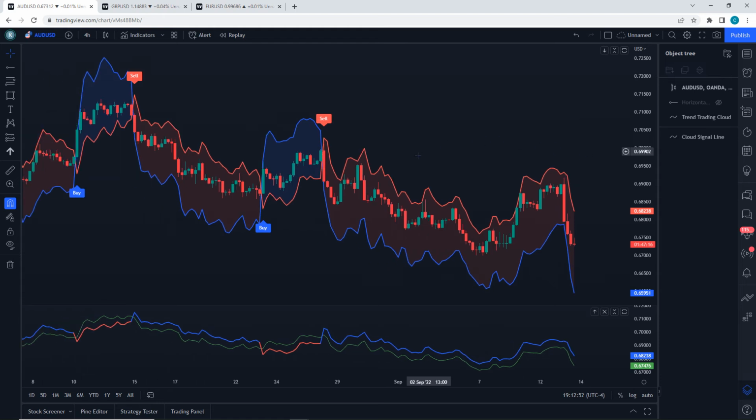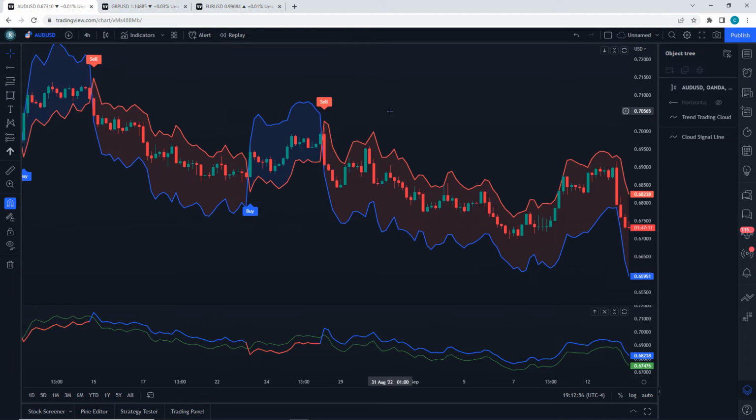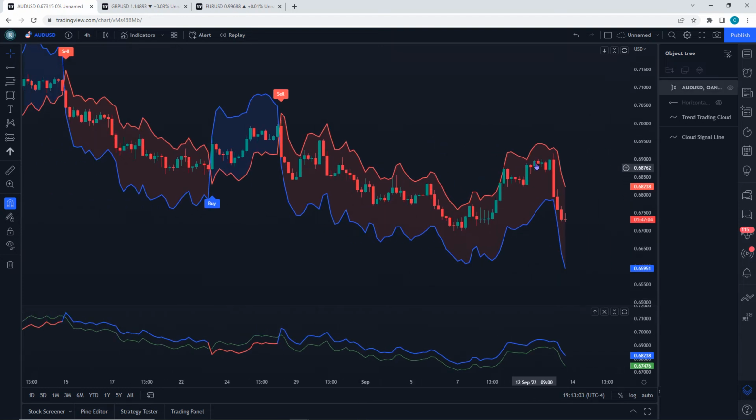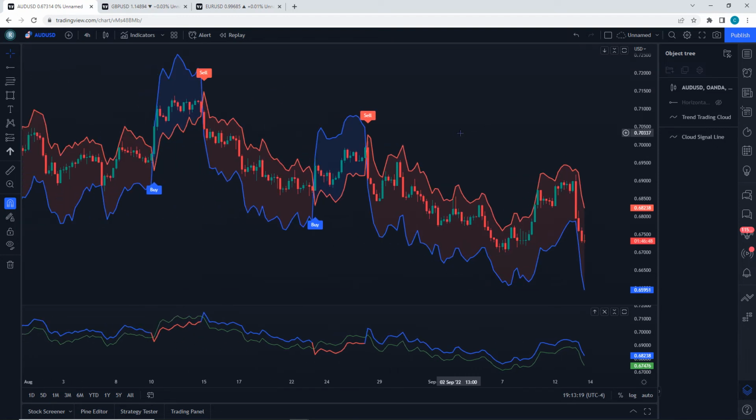Obviously, we can see it gives great buy and sell signals, but we also have, as we can see, these upper and lower bands where price is going to play off of, and we can reasonably expect it to stay in this channel. So it's almost like a combination of the pitchforks and the moving average, if you will, as far as playing inside the channels and even telling you where the trend is.